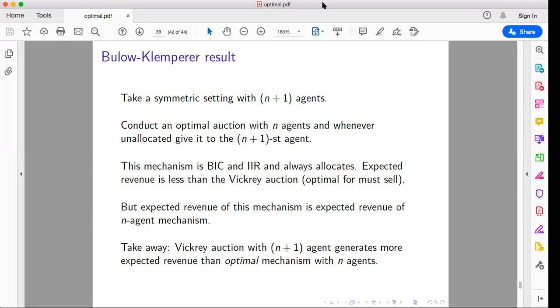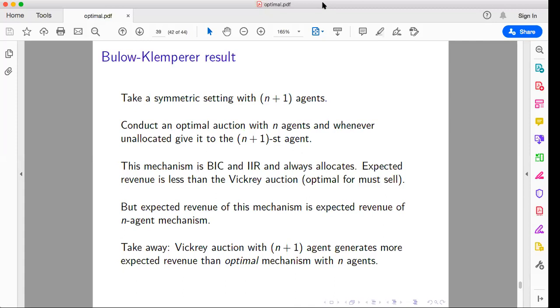So doesn't that sound as if the n plus 1th agent was the seller only? Not really, because if it was the seller, then it would be a different thing, right? If the object is unallocated among the n agent setting, then we are allocating it to the n plus 1th agent.